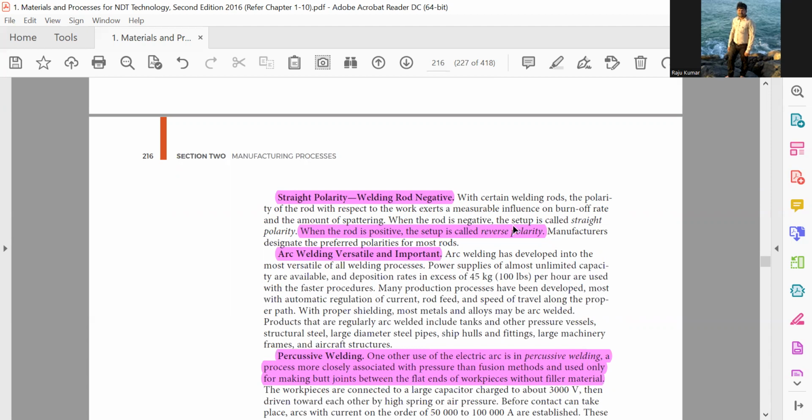When the rod is negative, the setup is called straight polarity. When the rod is positive, the setup is called reverse polarity. So it has slightly less heat. Manufacturers designate these preferred polarities for most rods. No sputter, nothing. So arc welding is versatile and important.